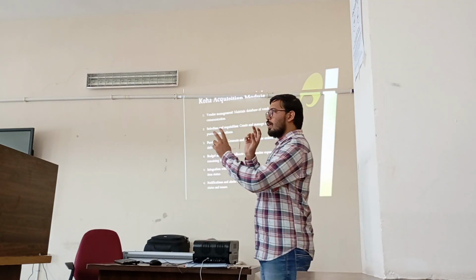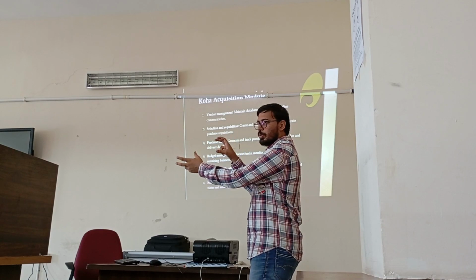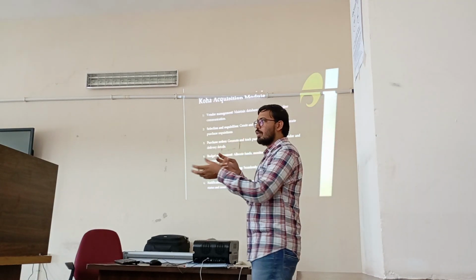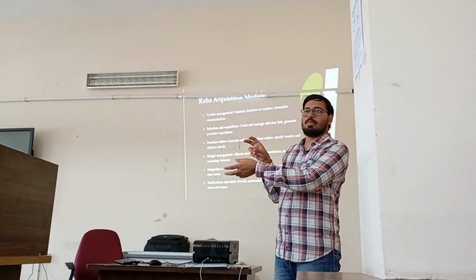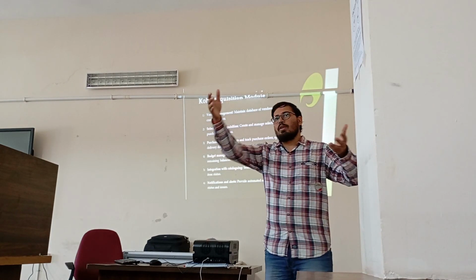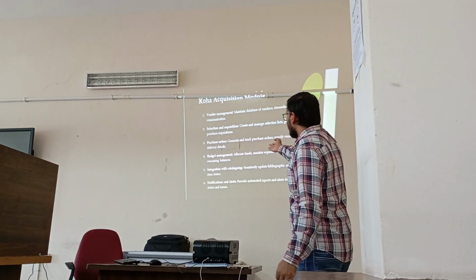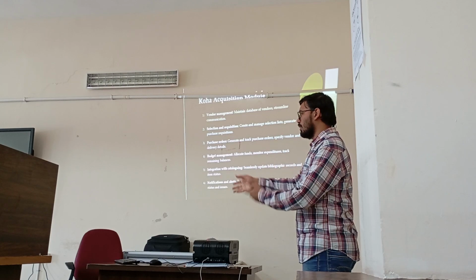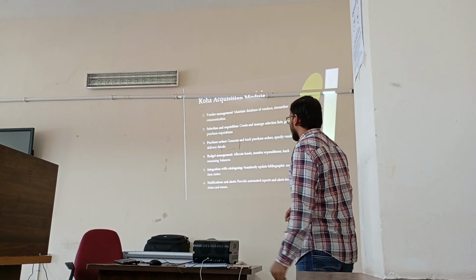You can have that particular budget, the children's budget. Then we can have the library budget, then the periodical acquisition budget. The money is coming from different sources. Similarly, we can have the budget option. We will see all those things practically, how we can do it.